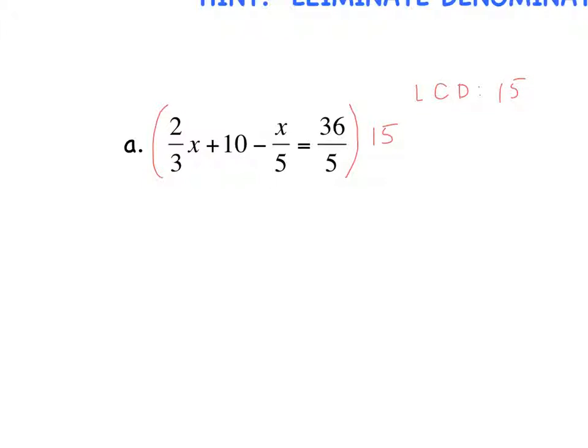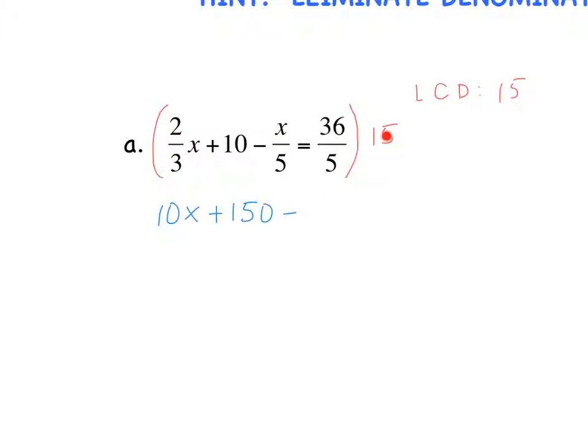If we use the correct LCD, our denominators should go away. So here we go. 2/3 times 15: I take 15, divide it by 3, that gives us 5. 5 times 2 gives us 10x. Plus 10 times 15, that's going to be 150, minus x over 5.